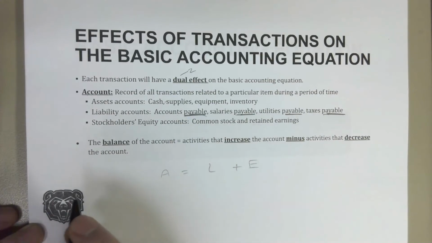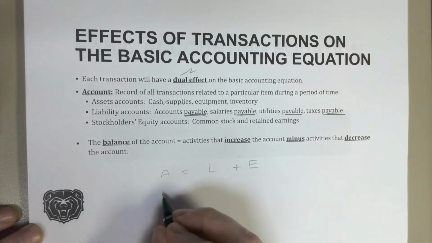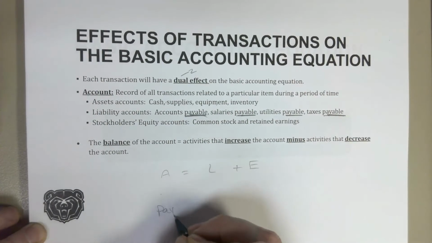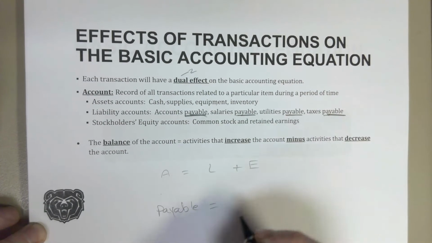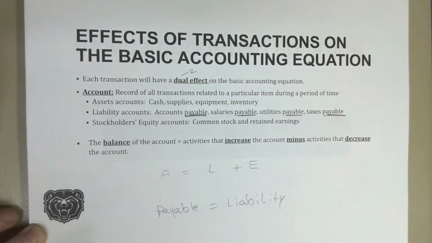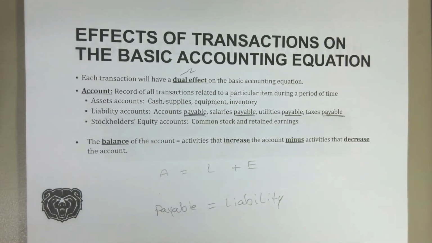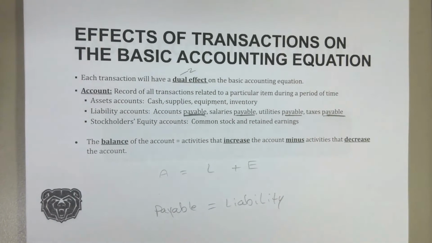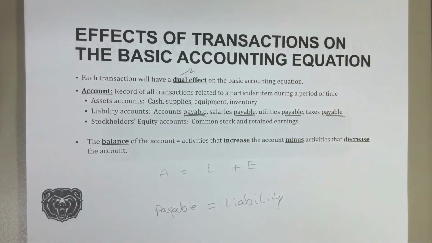So anytime you see that word payable, just know that means liability. It's going to be a liability account. Now you'll have to determine whether that's a long-term or short-term liability, current liability, but if you see that word payable, it's going to be a liability.